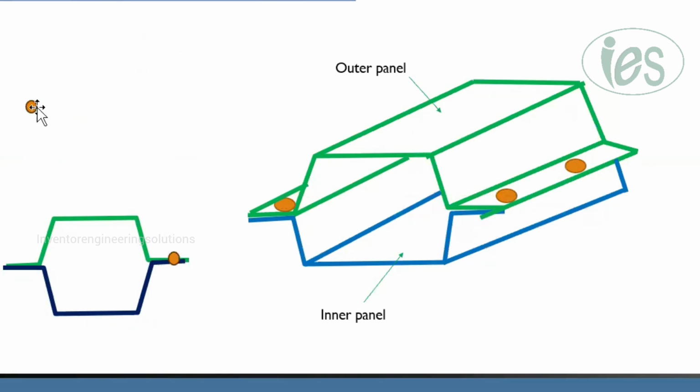The two open-ended structure parts form the complete closed structure. This is one open-ended part that can be achieved through the stamping process, and this is another open-ended part, also achieved through stamping. These two parts are joined together and form the complete closed structure.